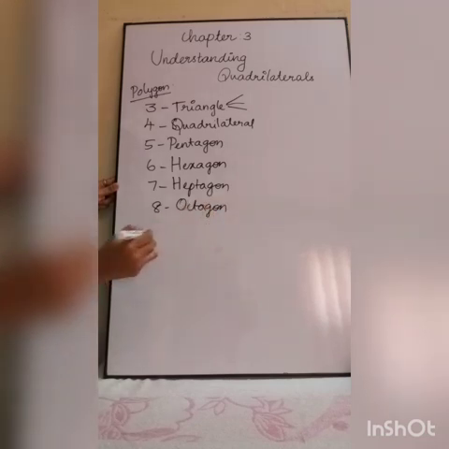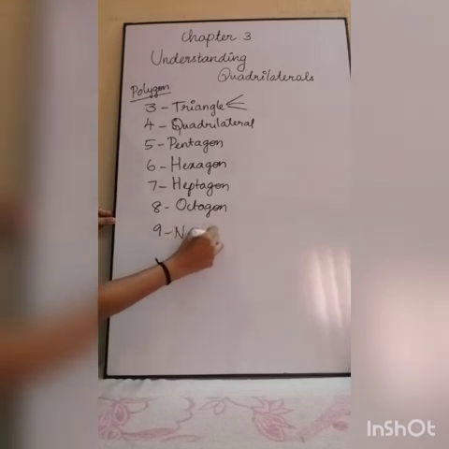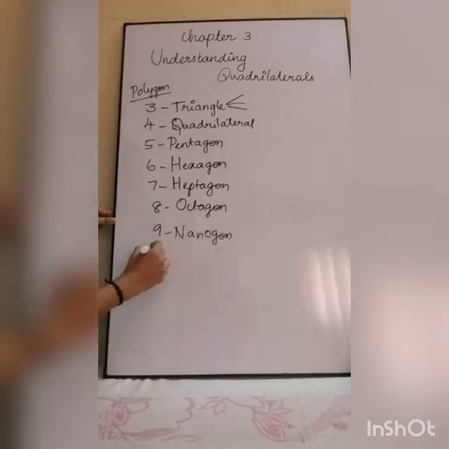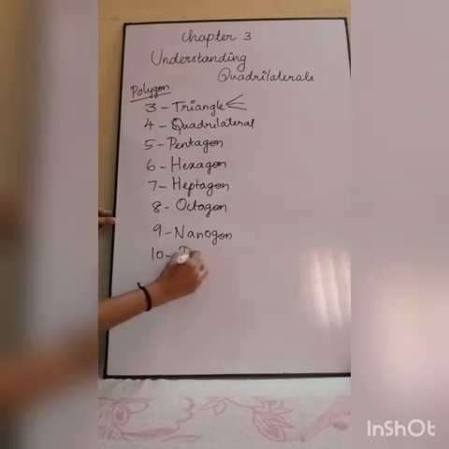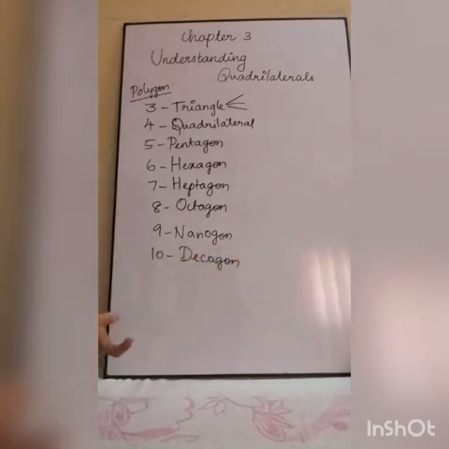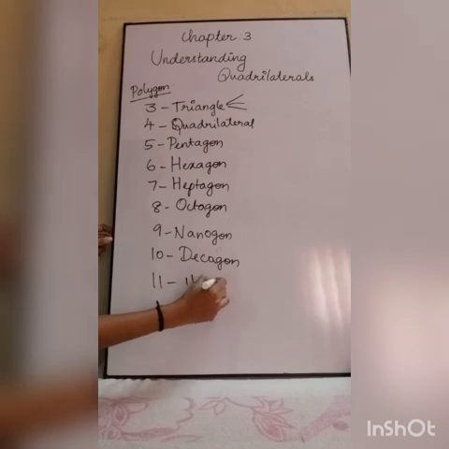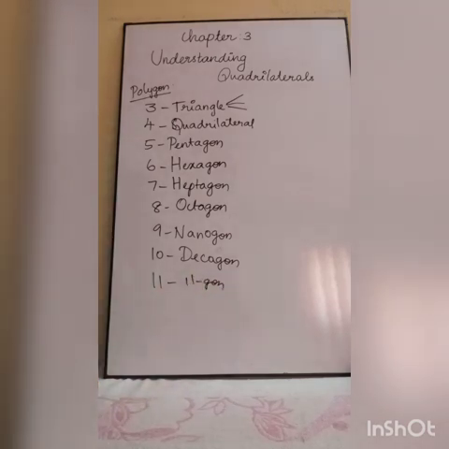Next, 9-sided means nonagon. Then 10-sided means decagon. Likewise, if 11-sided and so on comes, there is no specific name. What will they write now? 11-gon. Okay, like that you can write. N-gon, like that. Any n value you can write.